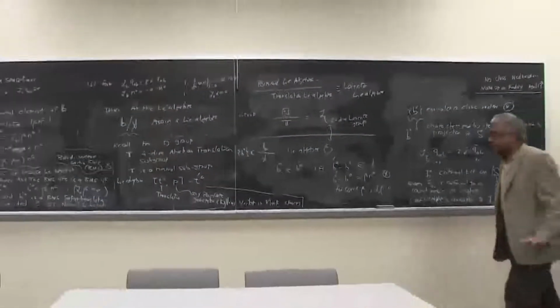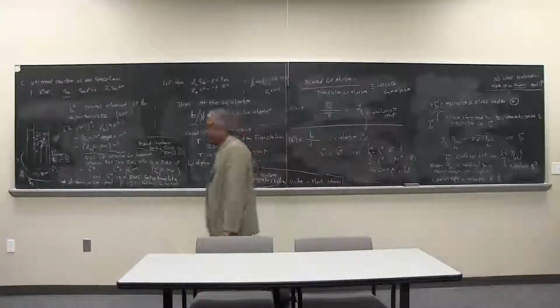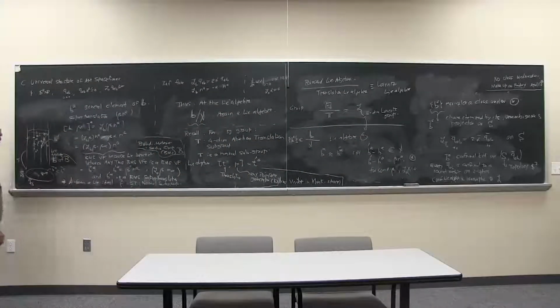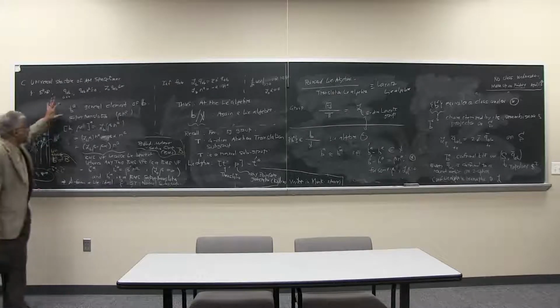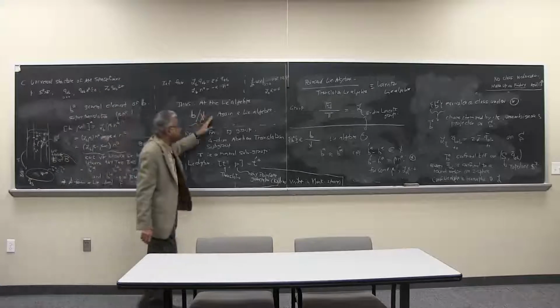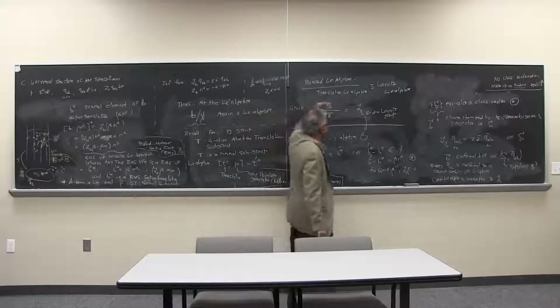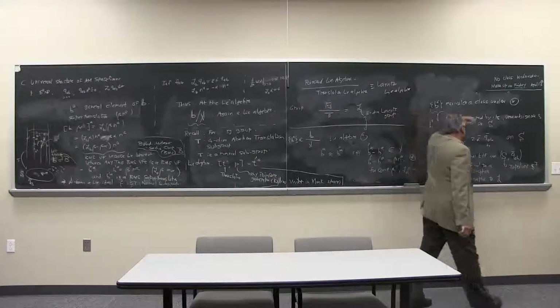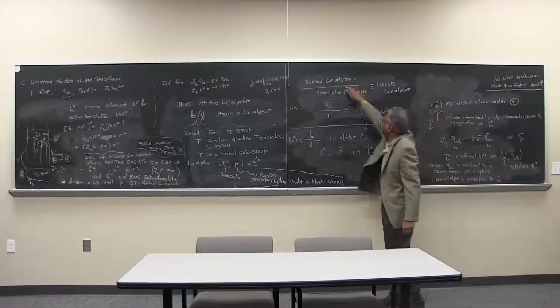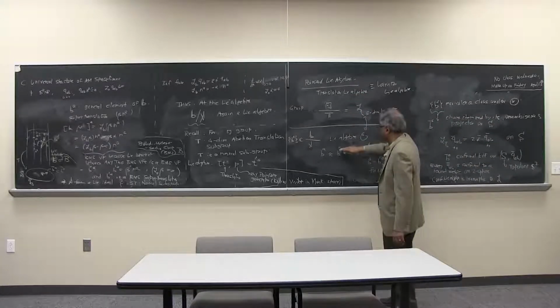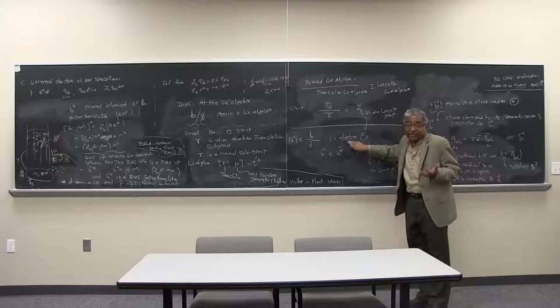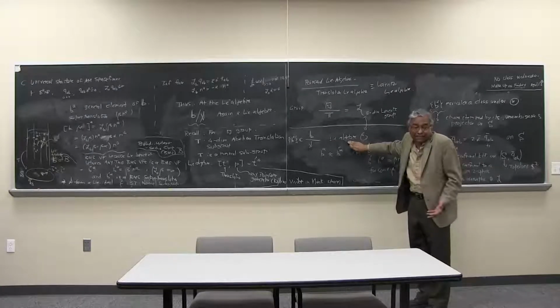So let me summarize the last part in 2 minutes, and then we can go ahead. What we are seeing is that we've got the BMS group, and the super translations form an abelian ideal. Therefore, I can take the quotient, which has the structure of a Lie algebra, and I'm asking, what is it?